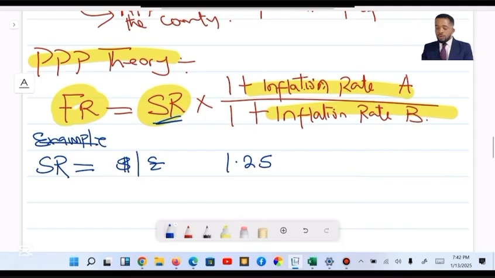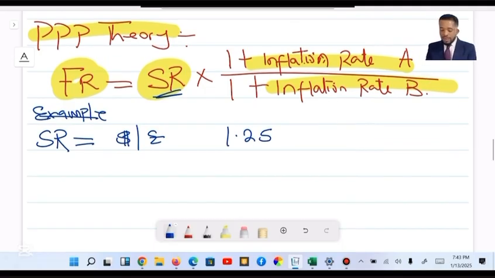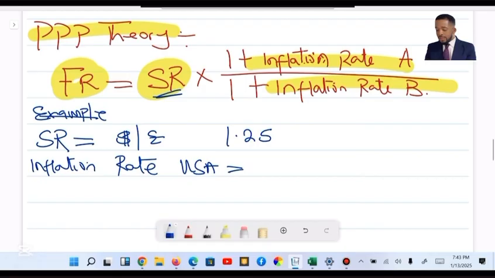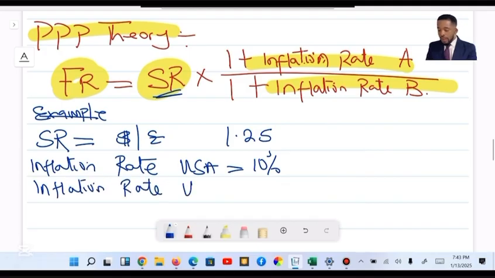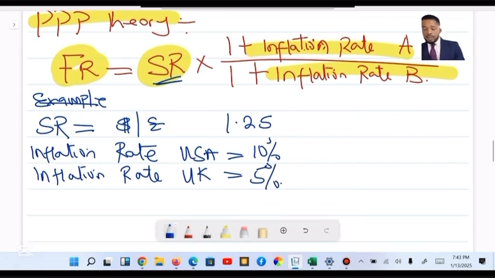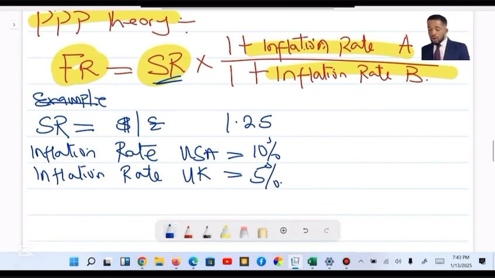This is my spot rate. And then I'm given the inflation rate. Inflation rate in USA, let's say, is 10%, and inflation rate in UK, let's say, is 5%. These are just hypothetical figures, right?